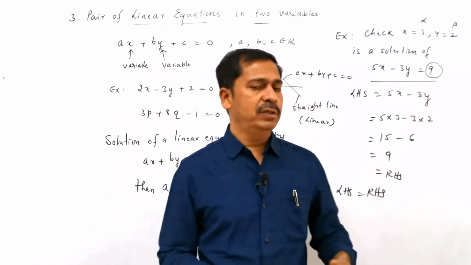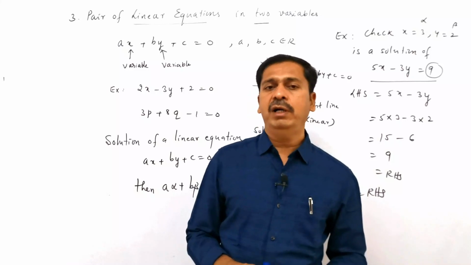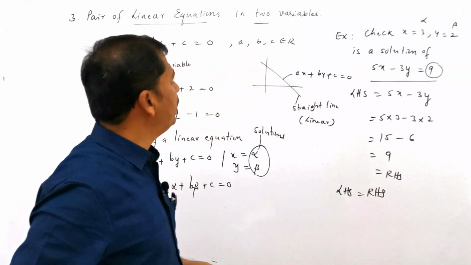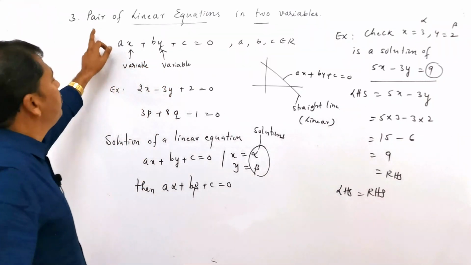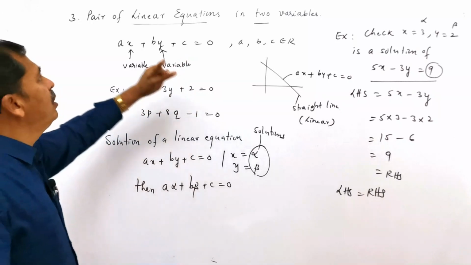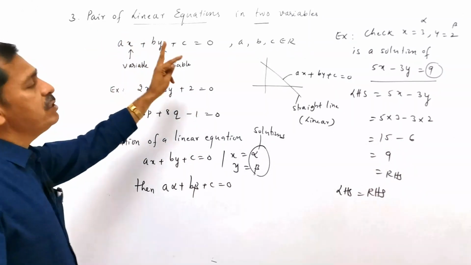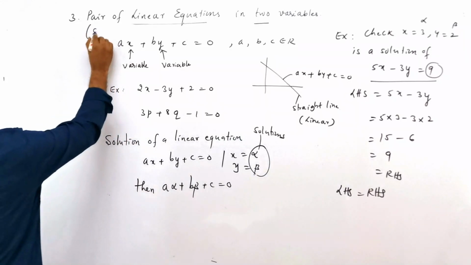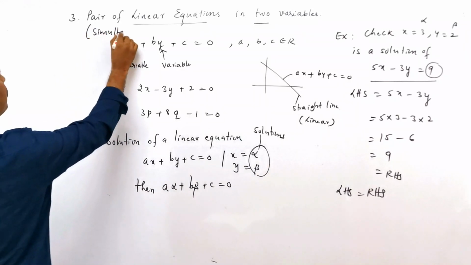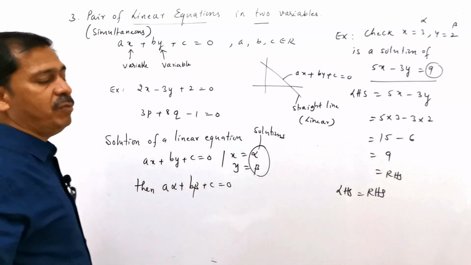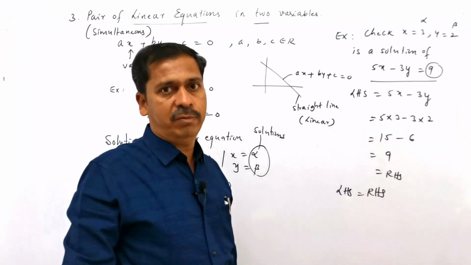And further, in the next context, I would like to discuss mainly regarding the simultaneous or the pair of linear equations in two variables, or simultaneous linear equations in two variables. We may take in this manner also: the system of simultaneous linear equations in two variables.